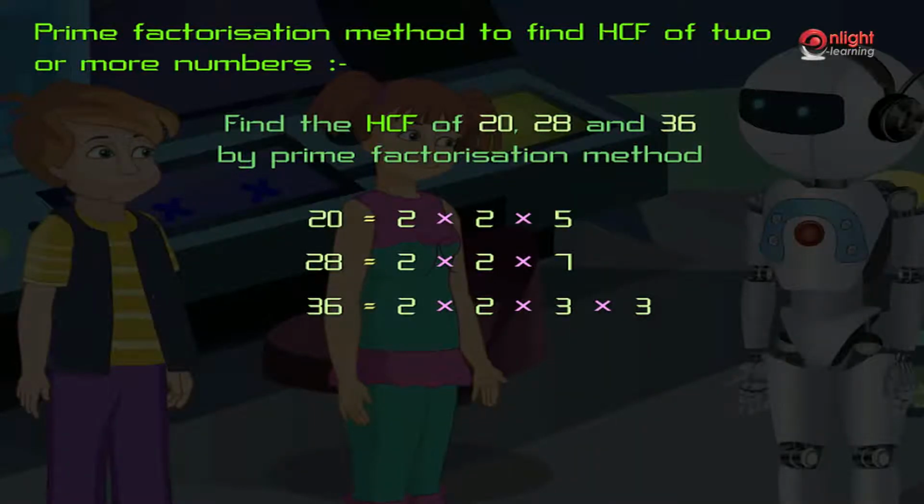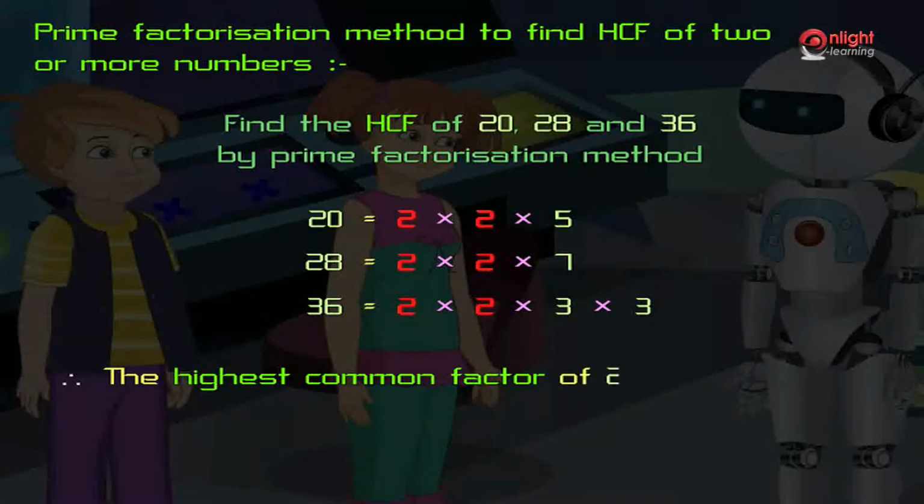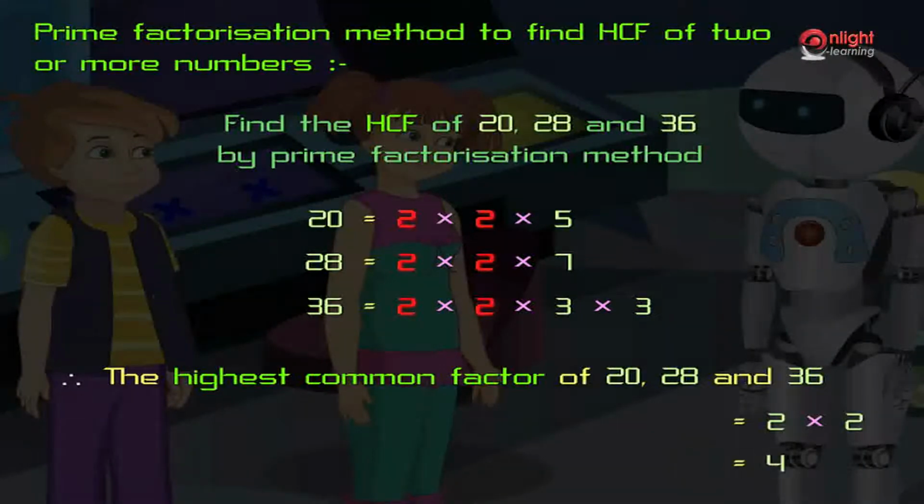Now find the common factors of 20, 28 and 36. The common factors of 20, 28 and 36 are 2 and 2. Therefore, the highest common factor of 20, 28 and 36 is 2 times 2, that is 4.